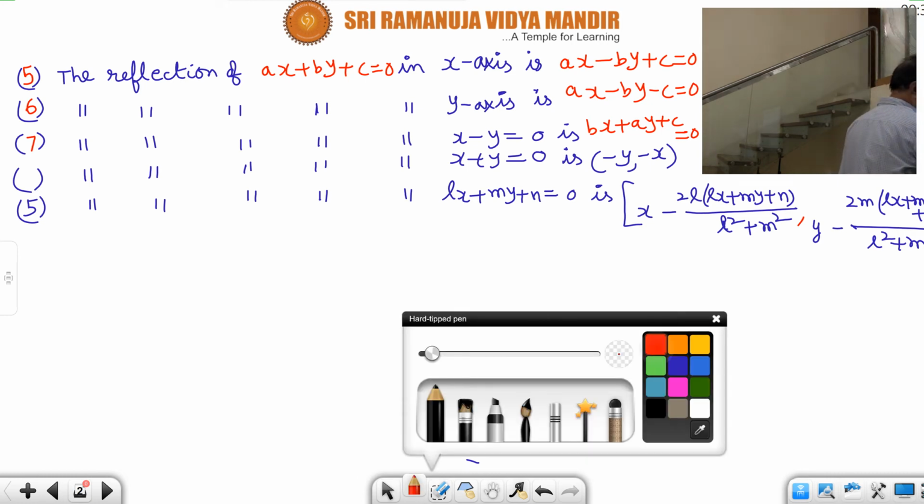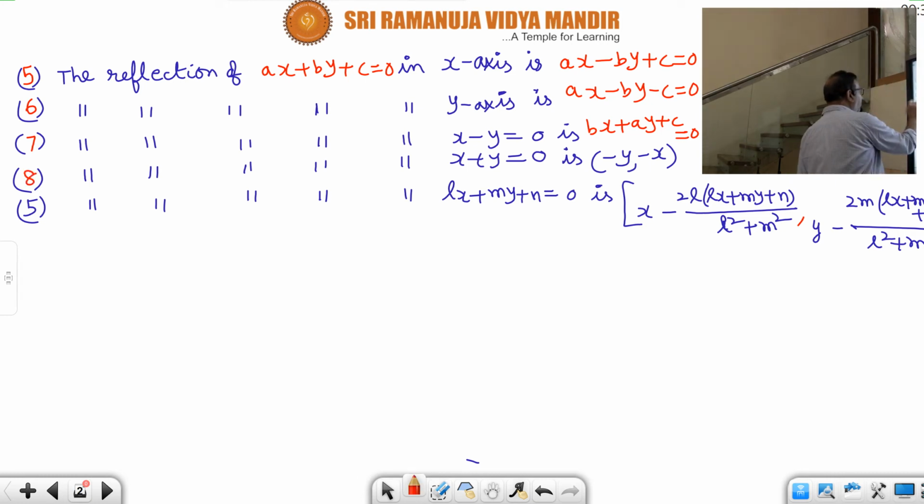Somebody please read the formula. Come on. Madhuri, can you read it? Who is that? Tell me first.